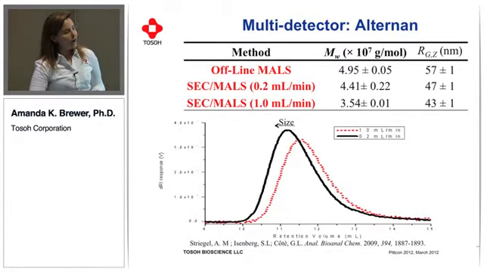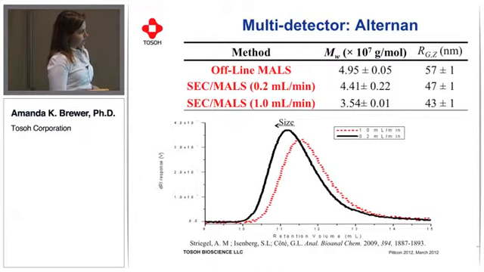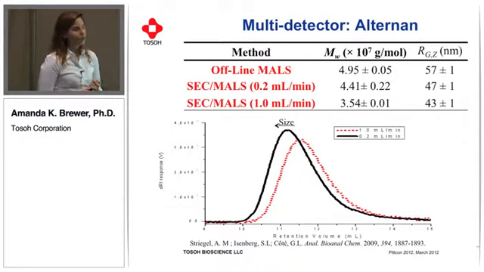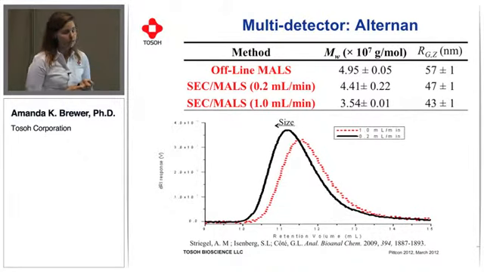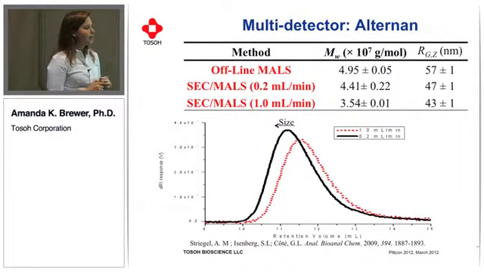Then we move to online analysis. We started off at 1 mL a minute. The first thing we noticed is there's a big difference in the molar mass and a big difference in the radius. What's occurring? We went down to 0.2 mL a minute. We still have a fairly big difference between the two techniques. We actually went all the way down to 0.05 mL a minute and had the same results as 0.2 mL a minute.